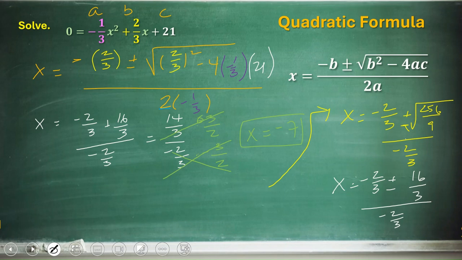All right, and now we're going to do the same thing for the negative side. So x equals negative 2/3 minus 16/3, all divided by negative 2/3. When I do that, I get negative 2 minus 16, which is negative 18, over 3, divided by negative 2/3.